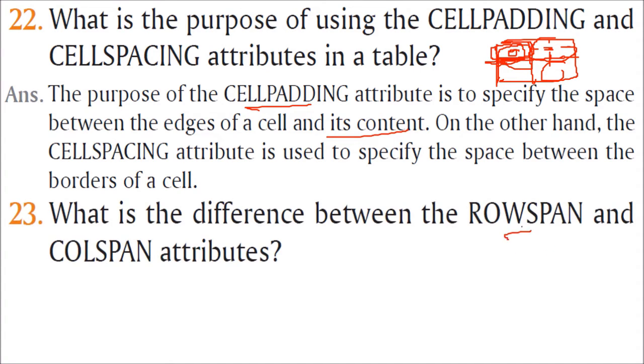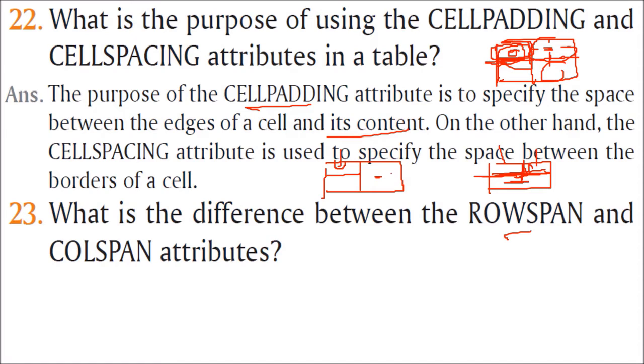Difference between row span and col span. See, if you want to make a table like this, or a table like this, how are you going to make it? Here we have two rows, but only one row here. Here you have two columns, but here only one column.